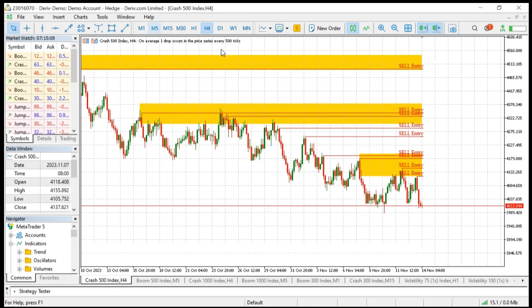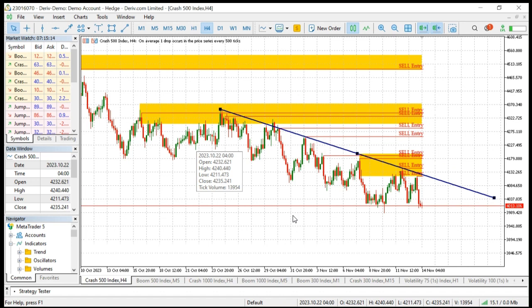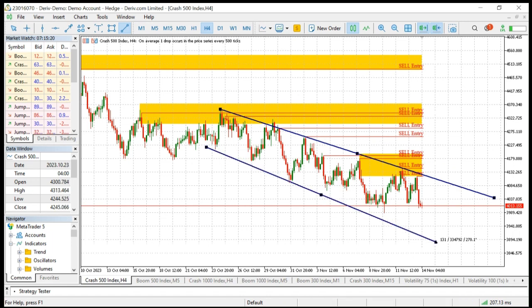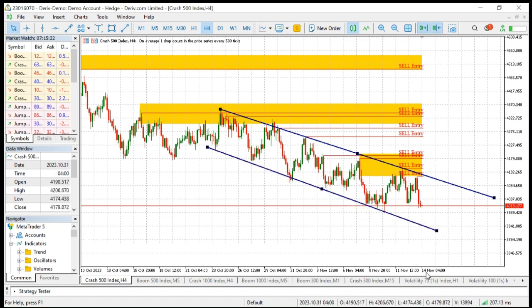Now, you can already see that even without the indicator, we were in a downtrend, but probably you won't be able to know when to enter into the market. Remember, if you have a trend line like this, you should be able to know when exactly to be entering your trades, right? As you can see, your indicator was giving you all the sell entries you would need for this.